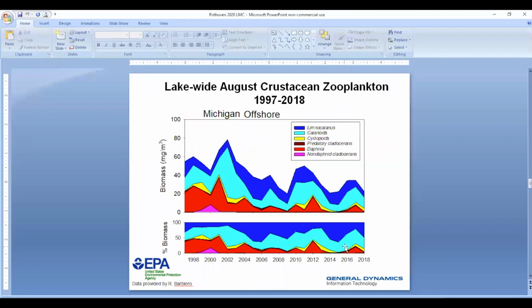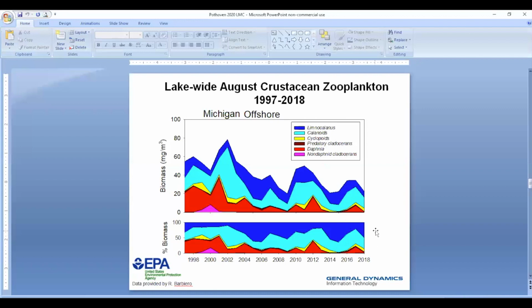So we'll move into some of the zooplankton data. This is the lake-wide August zooplankton biomass going through 2018. This is from the EPA survey that happens in the summer. And you can see we've seen declines over time, but what's even more notable than the declines are the changes in community composition, where we've seen declines in the amount of the community that's composed of Daphnia, and now the community is almost all calanoid copepods and Limnocalanus.